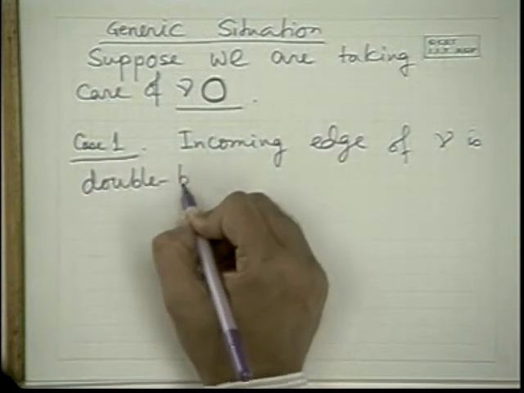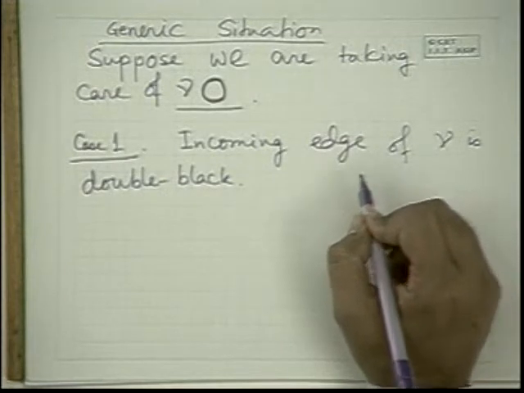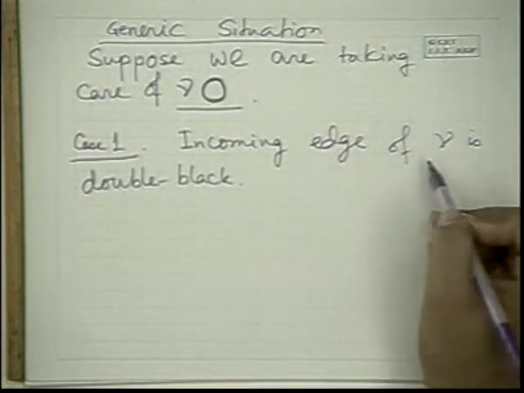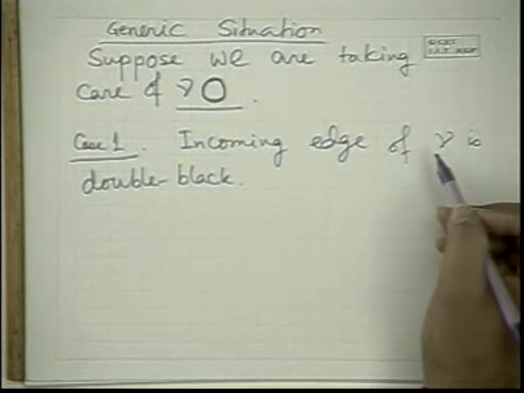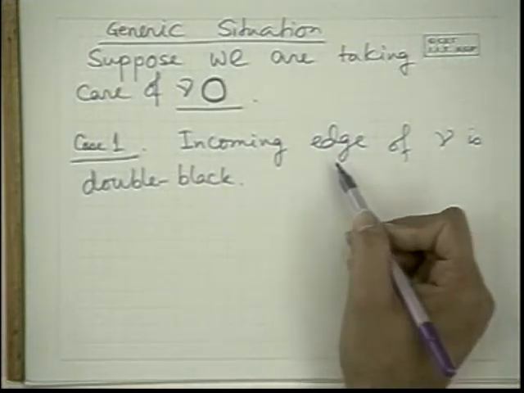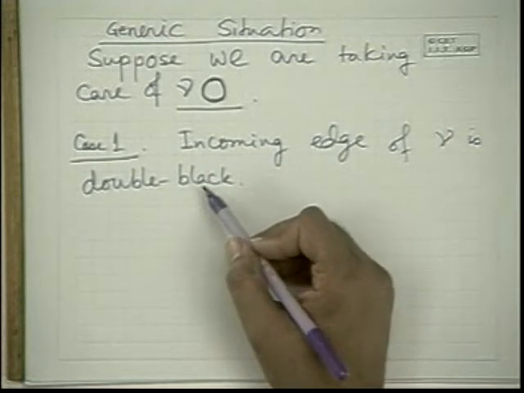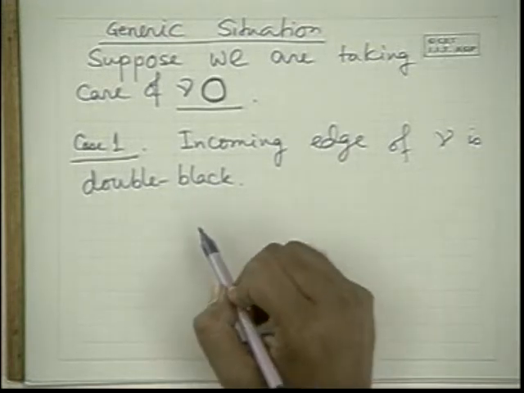I already told you this is the only violation. The case 2 will be the incoming edge of nu is not double black. Then what do you have to do? Nothing. We do not have to move up the tree anymore. Everything is taken care of. Since this is the only violation, that the incoming edge of nu is double black, only then you have to take care of something. So that's the case 1.